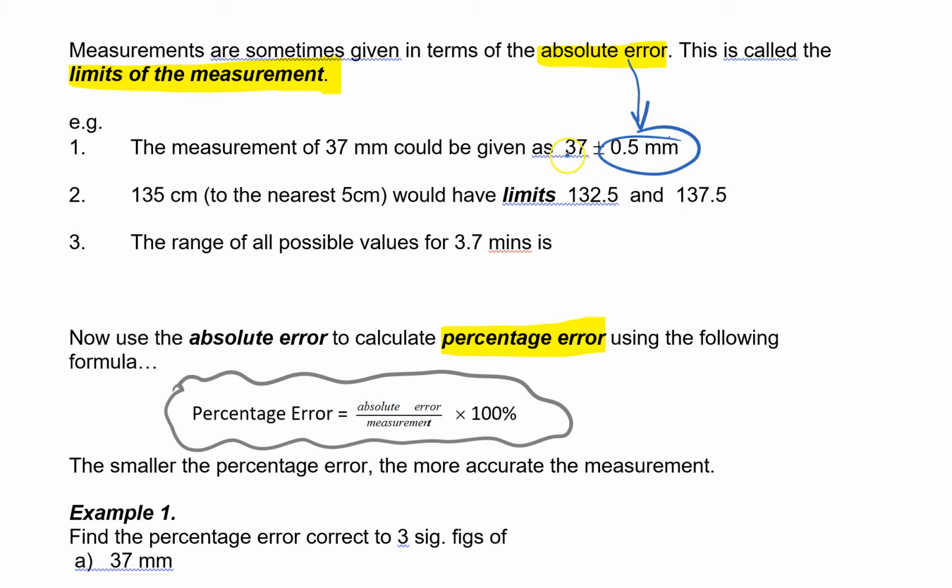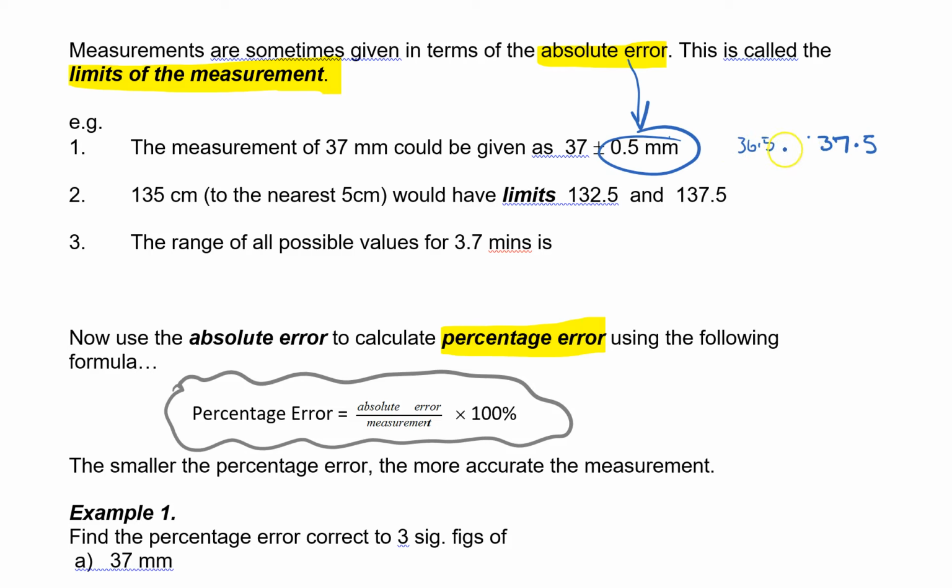Okay, let's have a think about it. We just established before that for 37, the absolute error would be 0.5. We've said it's going up by 1 millimetre, and half of 1 is 0.5. The limit of this measurement, it could be as big as 37.5, or it could be down as low as 36.5.